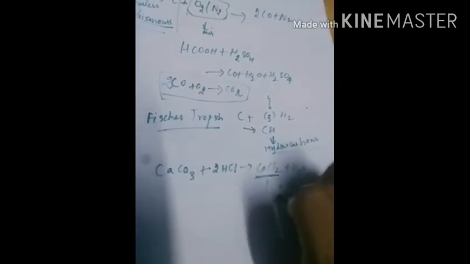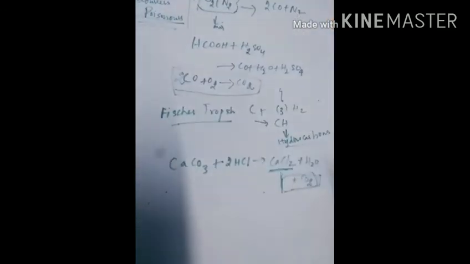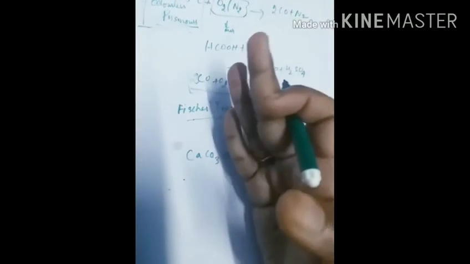This is the easiest method of preparation of carbon dioxide. Carbon dioxide can also be treated with hydrogen, CO2 plus H2, to form carbon monoxide and water, the reverse process. So this is all about carbon dioxide.